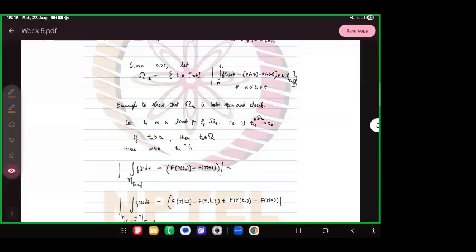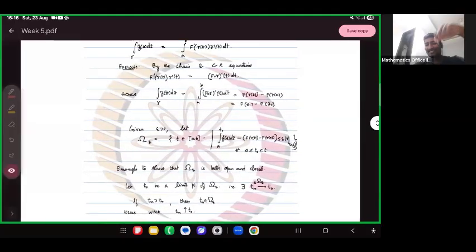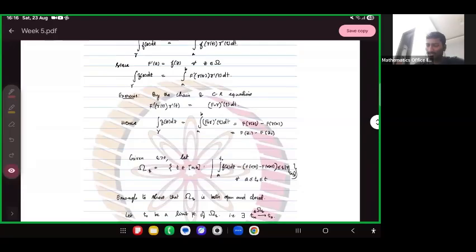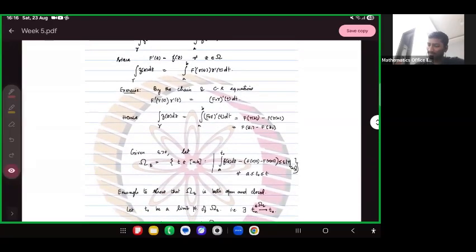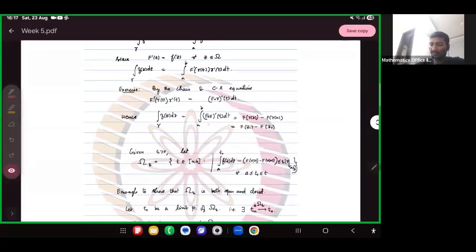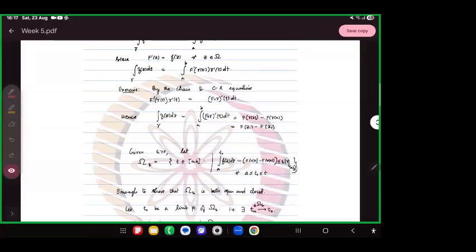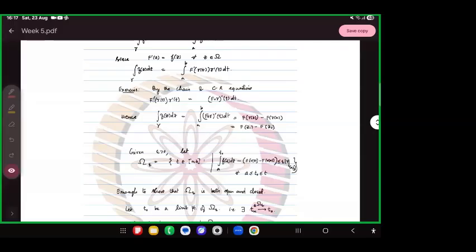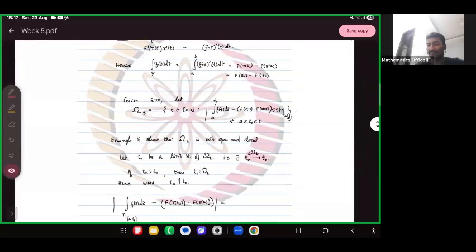But it is actually using some real analysis, nothing beyond that. These functions are now over an interval, so this is just a property of real derivative functions and antiderivatives, nothing deeper than that, mostly.